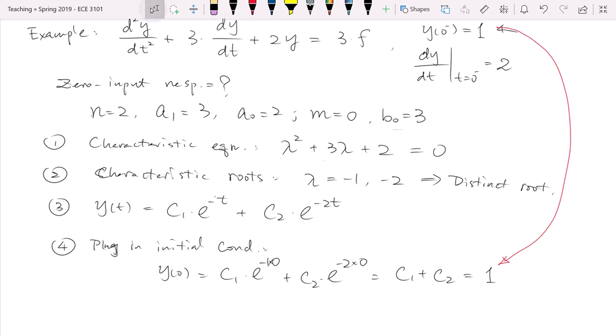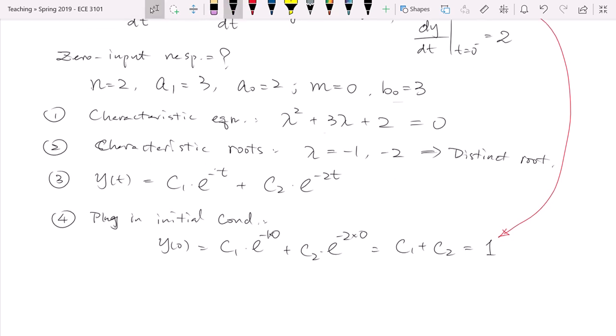And the next is the other differential equation. You have c1, c2, two unknowns. So dy/dt at t equal to 0 minus. If you take the derivative, what you have is negative c1 e to the negative t plus negative 2 times c2 e to the negative 2t.